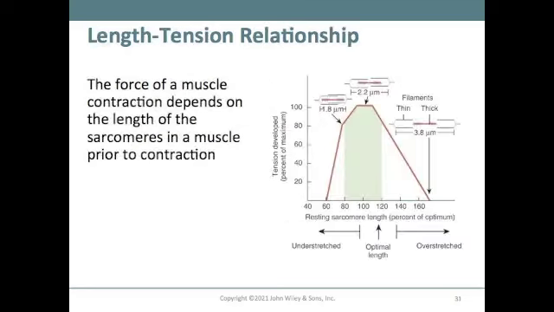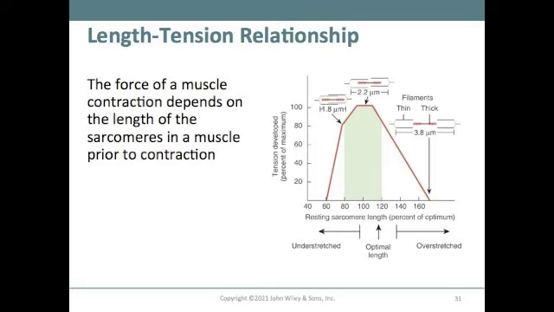So this is an interesting slide here. On page 322, figure 10.8, the force of a muscle contraction depends on the length of the sarcomeres in the muscle prior to contraction. So what this is saying is that when my bicep is extended, I have more potential energy than I do when my elbow's at 90 degrees.